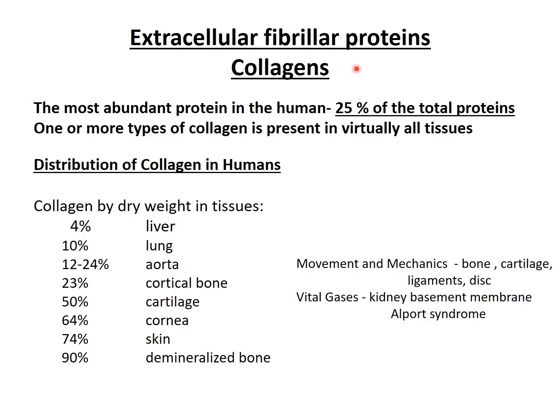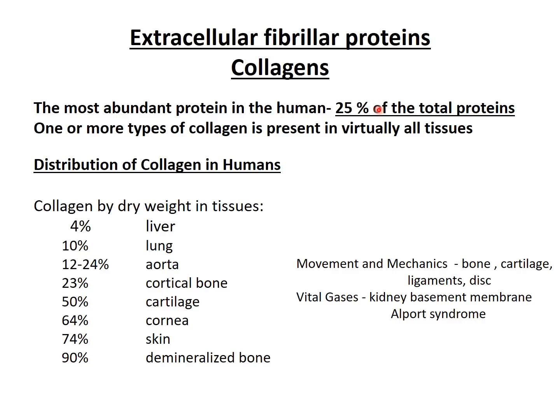For example, the blood vessel walls, the uterus, and for everyday work, the lung contains elastin. But also the structures of all of our internal organs contain collagens.